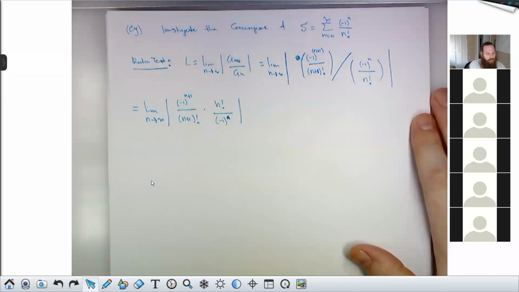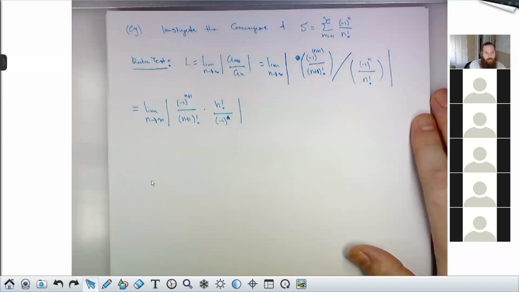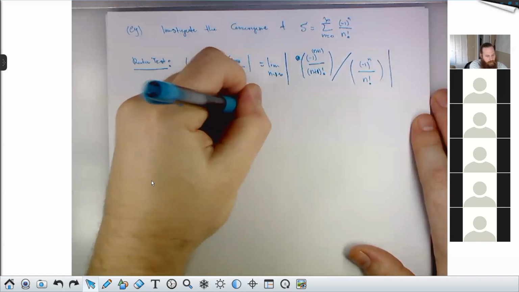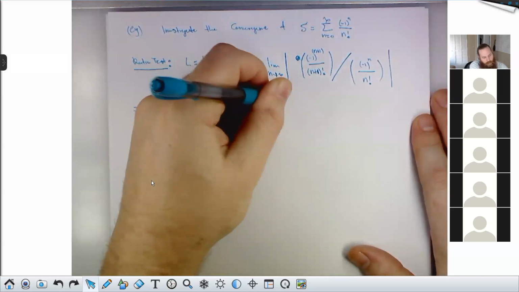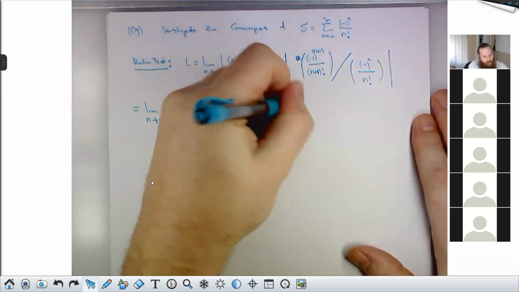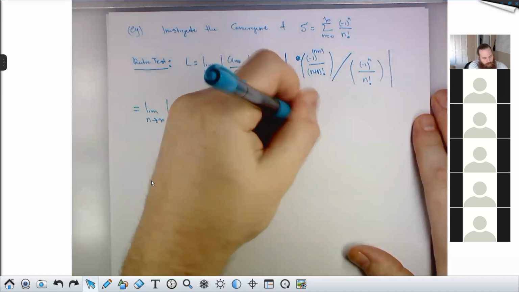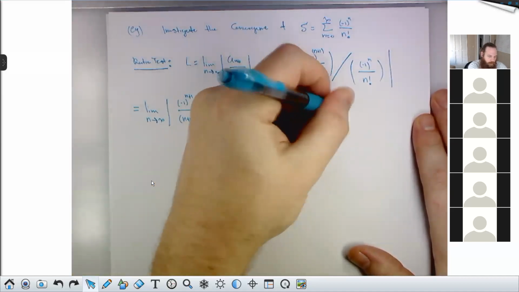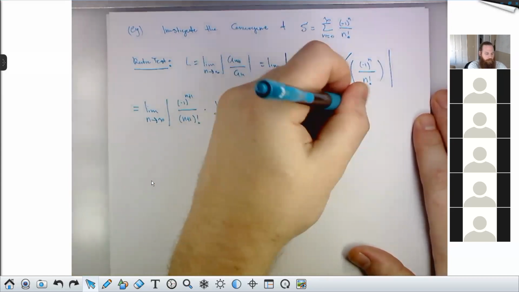Everything here is being multiplied. You can multiply fractions straight across, so I can shuffle terms around in here. You get lim n to infinity, absolute value, -1 to the n plus 1 over -1 to the n times n factorial over n plus 1 factorial.